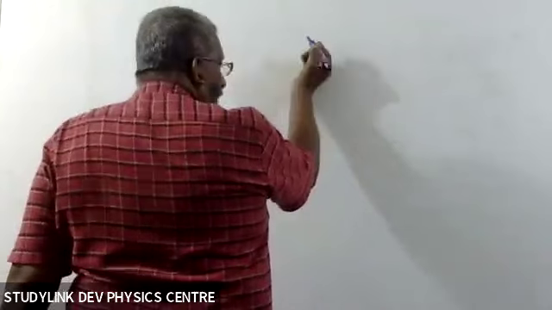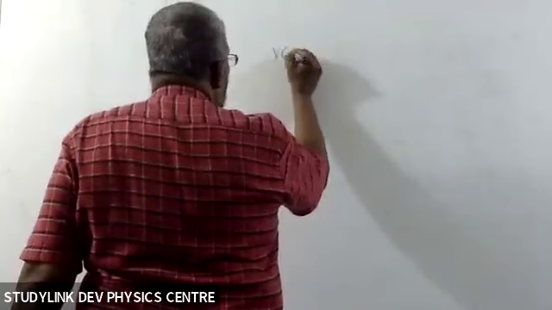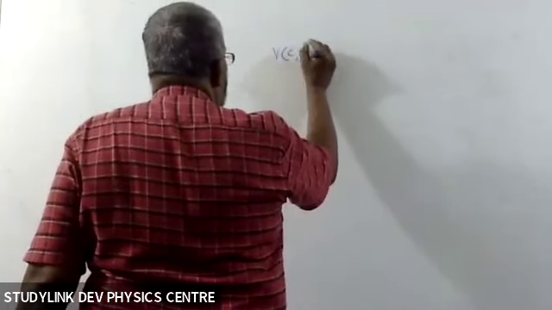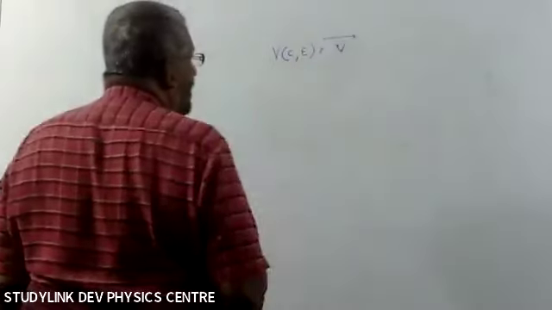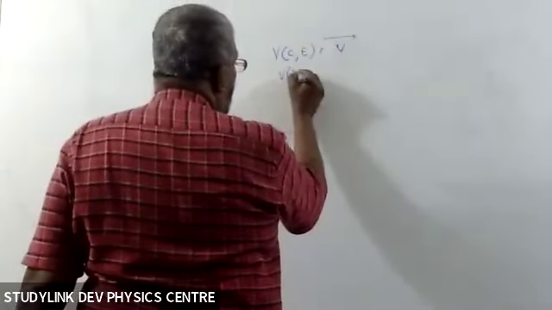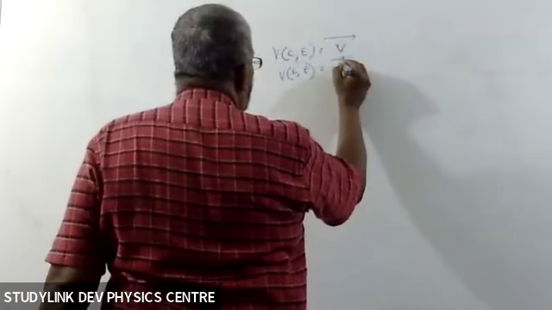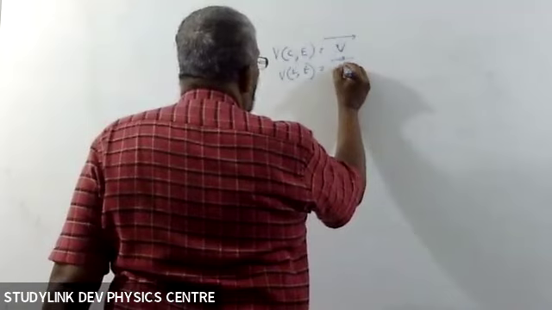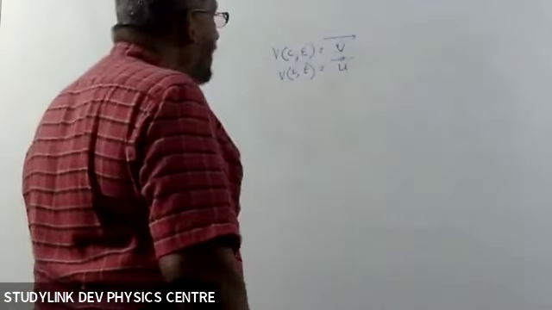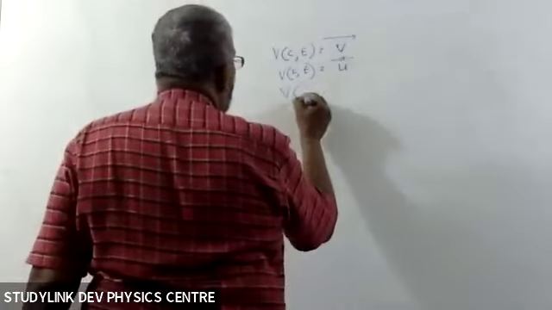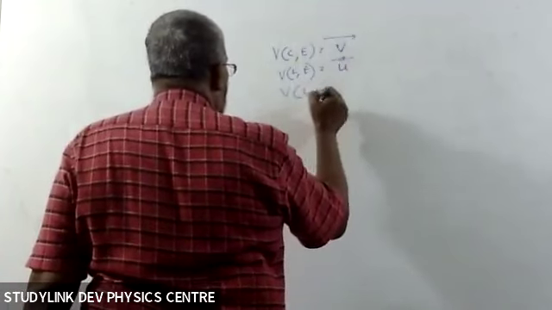a car A and a lorry B, like that. Velocity of the car relative to the earth is V towards this direction. Then velocity of the lorry relative to the earth is in the opposite direction, U. Then velocity of the car relative to the lorry, or velocity of the lorry relative to the car.